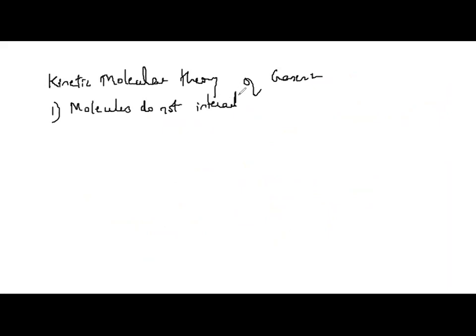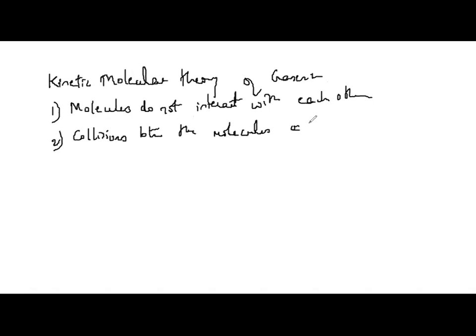Second, collisions between the molecules or with the walls will be elastic. That means energy is neither released nor absorbed when these collisions are occurring. Third, momentum is conserved. Kinetic energy is conserved. So these were the basic assumptions.